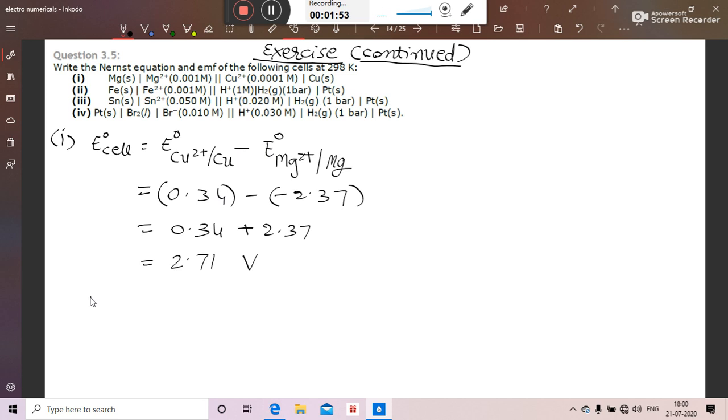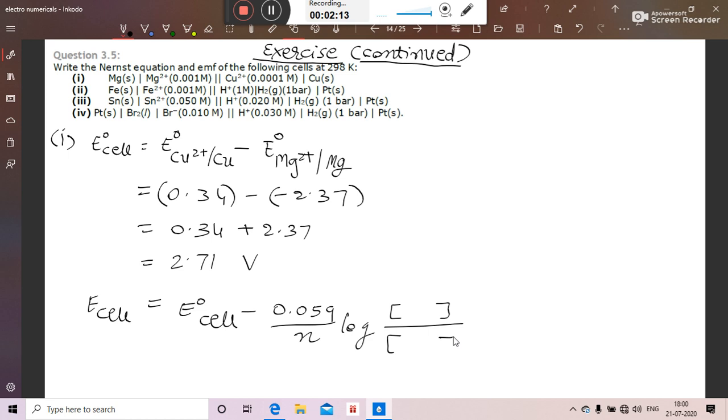Now we have to find out E cell from the Nernst equation. So E cell equals E naught cell minus 0.059 upon n log of concentration of ion at anode upon concentration of ion at cathode. First of all we have to write down the balanced equation. Balanced equation will be Mg plus Cu2+ gives Mg2+ plus Cu.